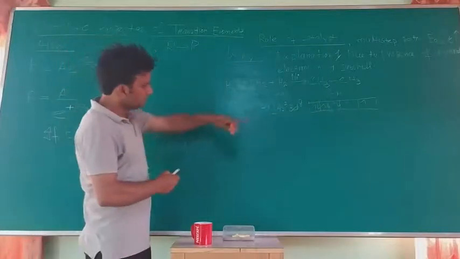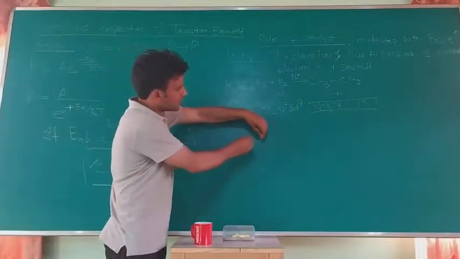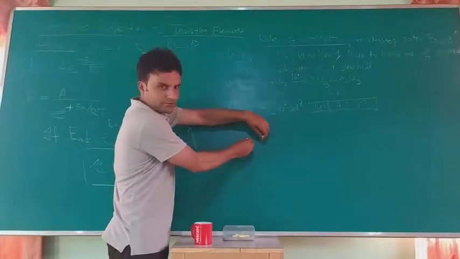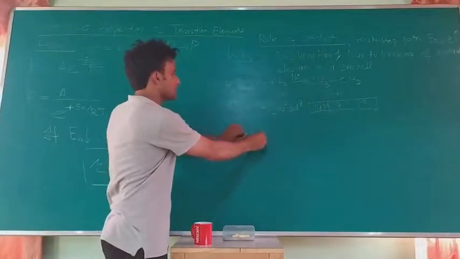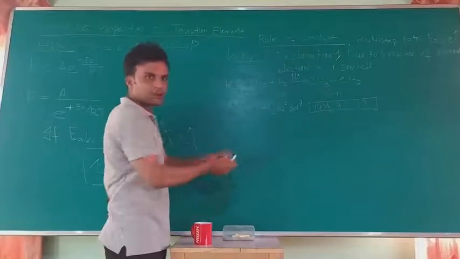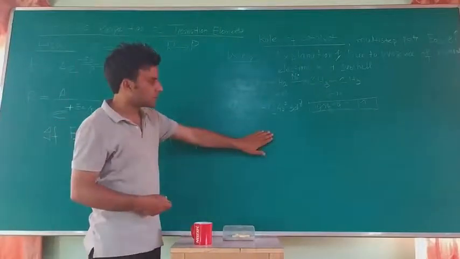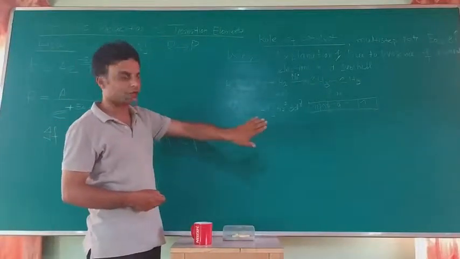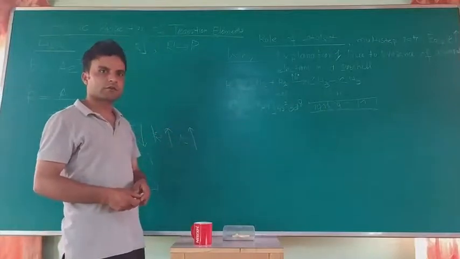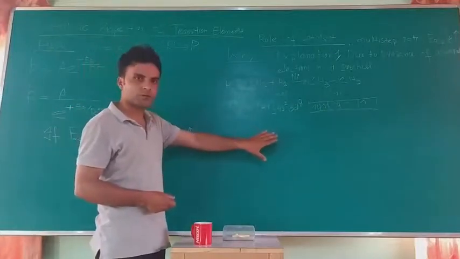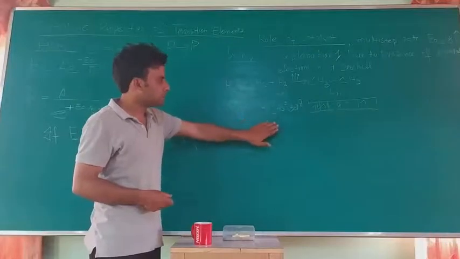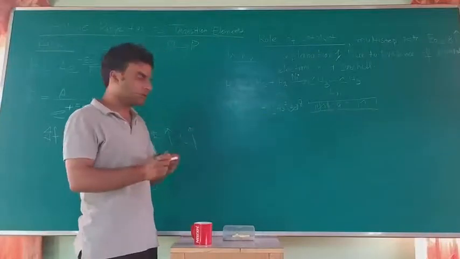Next, these reactants will get adsorbed on the surface, and here covalent bond formation will occur between the surface and the reactants. New covalent bonds are formed, but between what and what? Between surface and reactants.